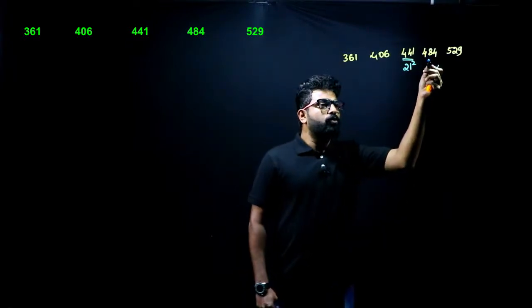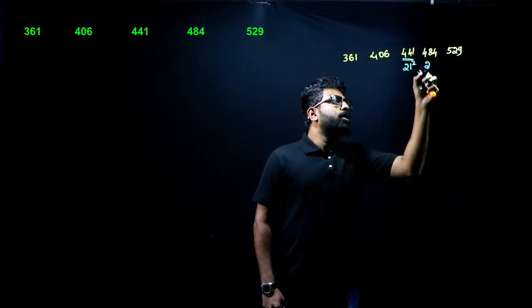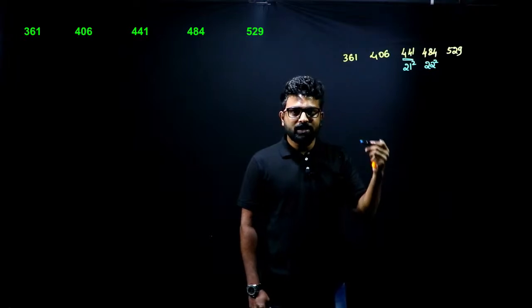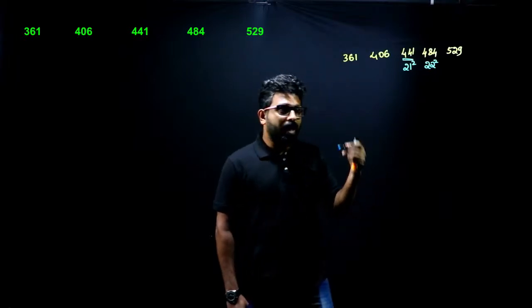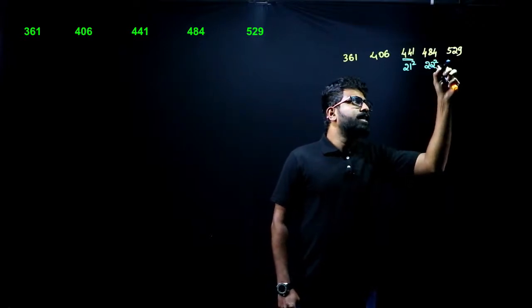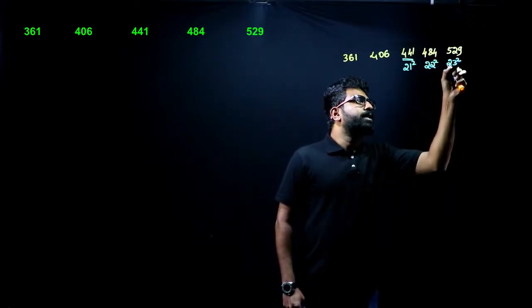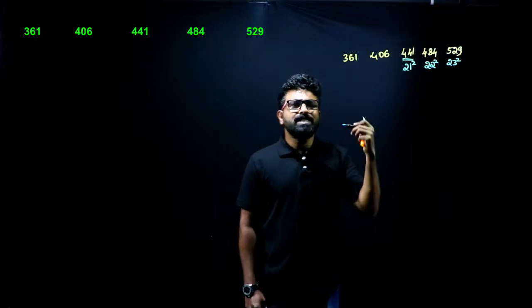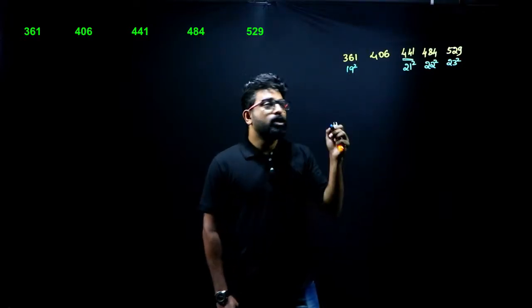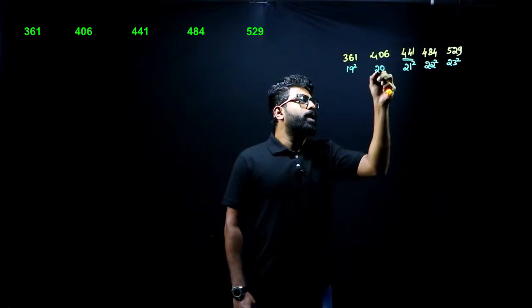What about 484 here? 484 is nothing but 22 squares. We had already told you to memorize squares till 25 at least. What is 529? 529 is nothing but 23 square. So what about 361? 361 here is 19 square. So this must be 20 square here.